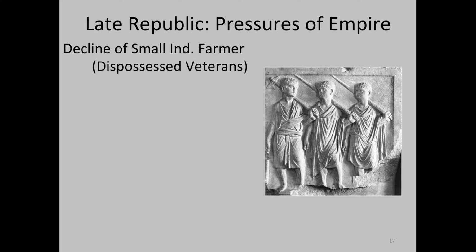So as a result, while they were away, the farms of many of these independent citizen soldier legionaries were neglected, because the soldiers were away for long periods of time. The farm often went unattended or dilapidated, and simply put, their family members couldn't keep it up.